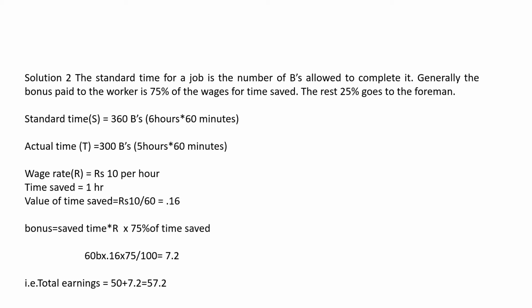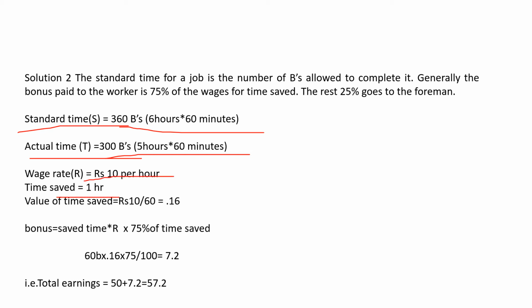So the answer for the question that we have just discussed: 360 Bs is equal to 6 hours into 60 minutes, and 300 Bs is 5 hours into 60 minutes. Standard time was 360 Bs, actual time is 300 Bs, and wage rate is rupees 10 per hour.